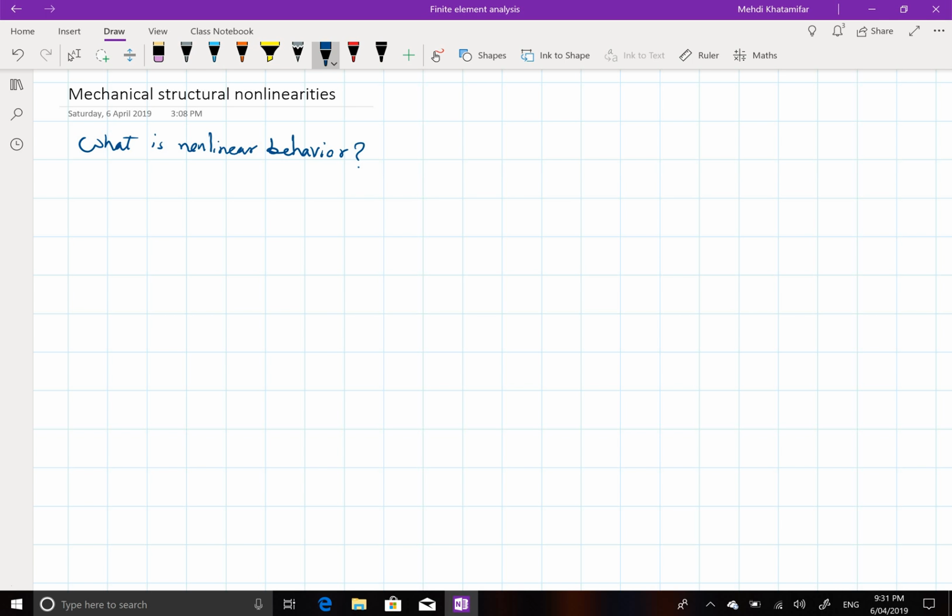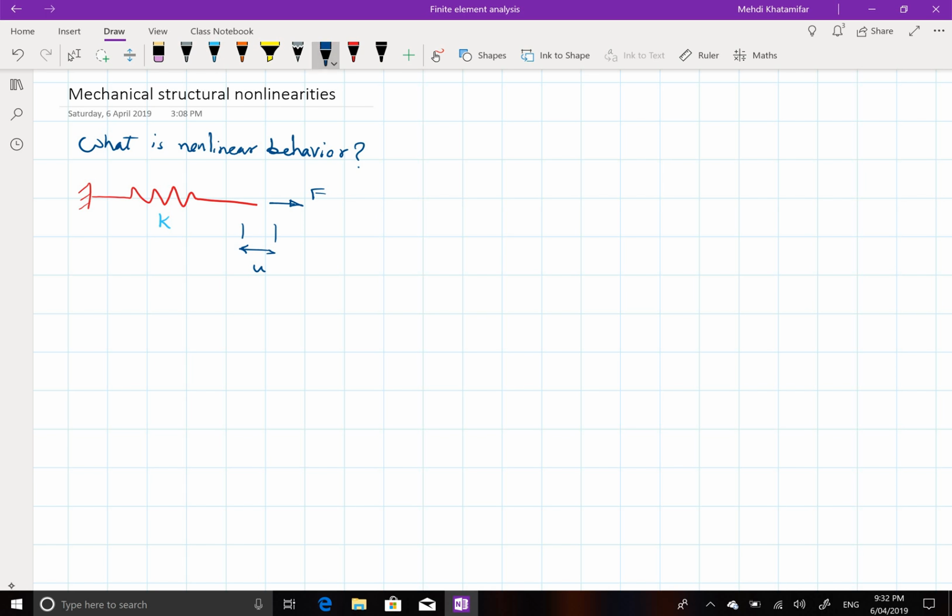Okay, remember for finite element subject we start FEA with describing a spring, something like this, and I said we apply a force, and because of that force we are going to have a displacement, which we use U as displacement, and also we had stiffness K for that spring.